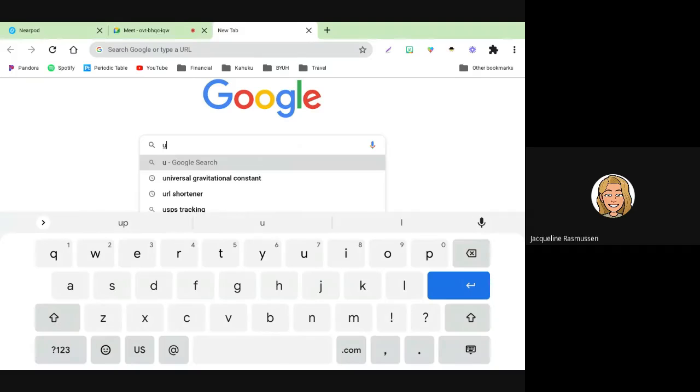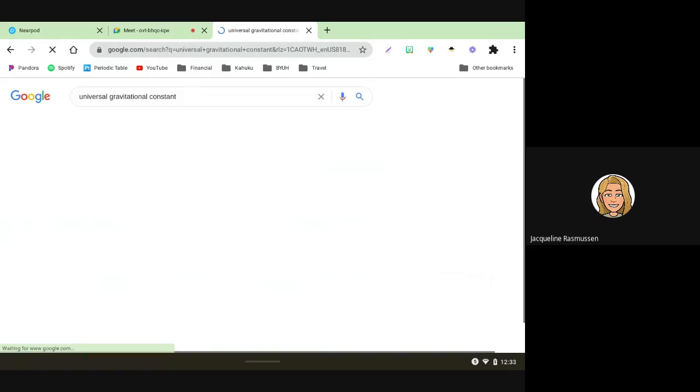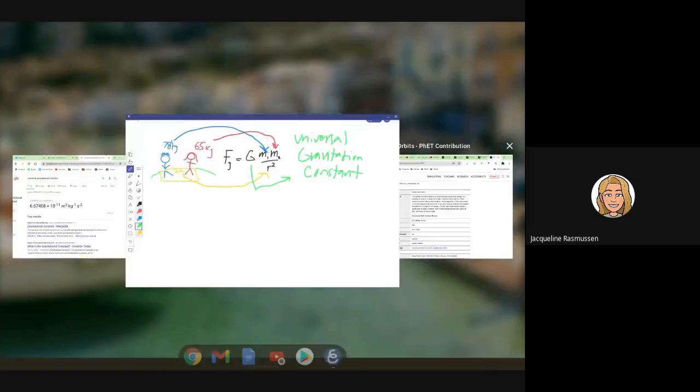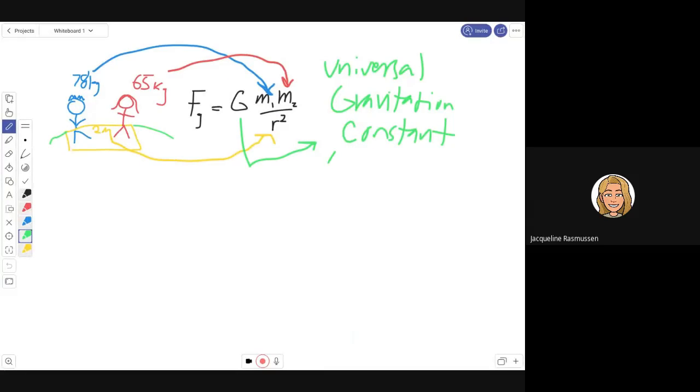I already searched for it earlier today, so it automatically came up on my Google. The universal gravitation constant is 6.67 times 10 to the negative 11 newtons times meters squared over kilograms squared. So let's write that down.